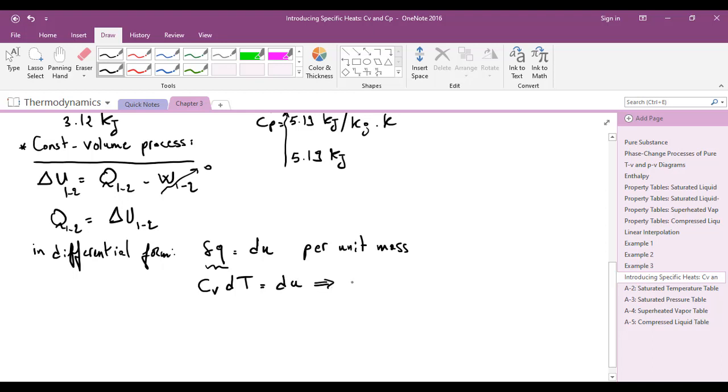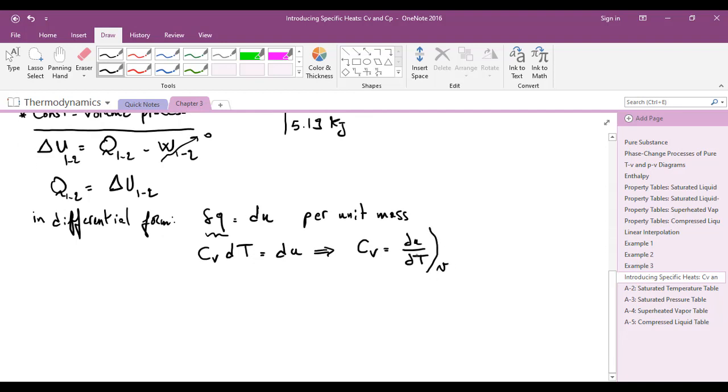Then we can say that Cv is equal to partial U over partial T at constant volume. So this partial derivative should be evaluated during a constant volume process.